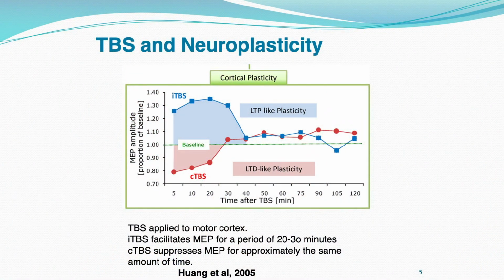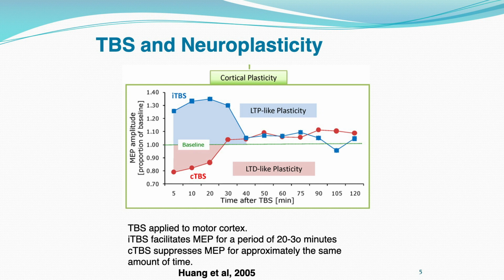Now, if you look into the graph, the blue lines and the red lines, the duration of facilitation of thumb movement is what is of our interest. You see the blue lines come back to baseline in 40 minutes when we are applying ITBS, and the red lines come back to baseline around 25 minutes when you are applying CTBS.